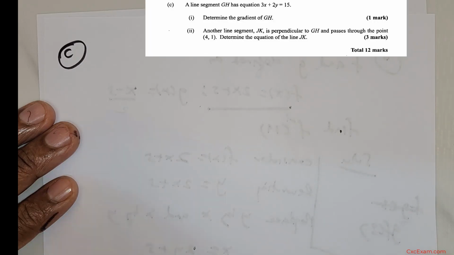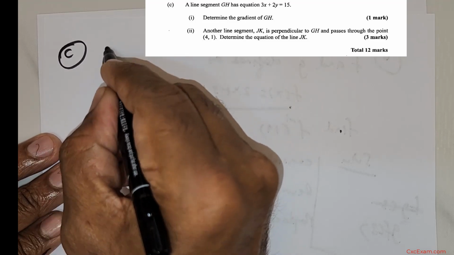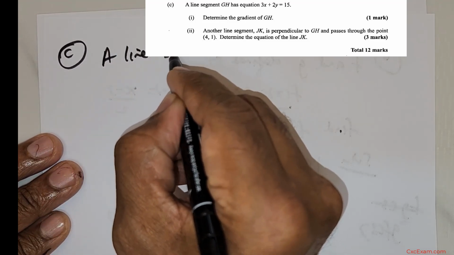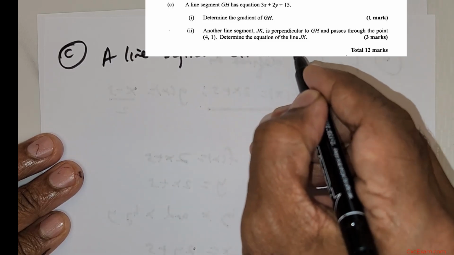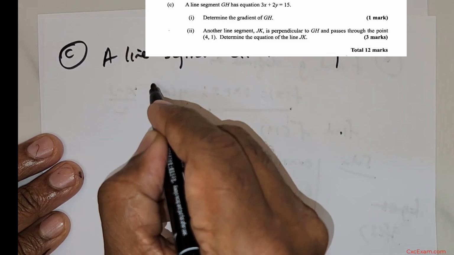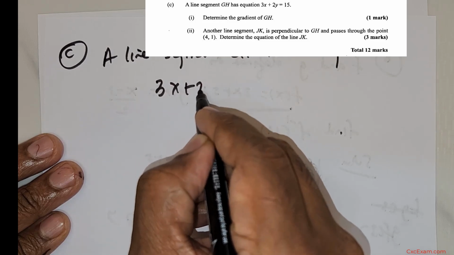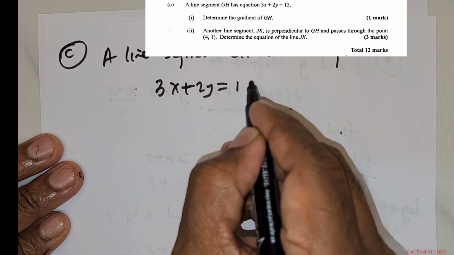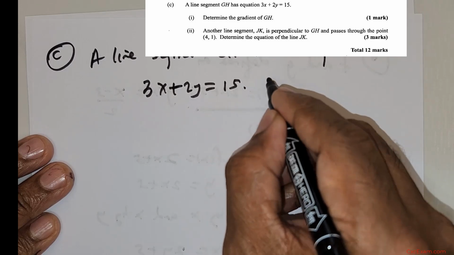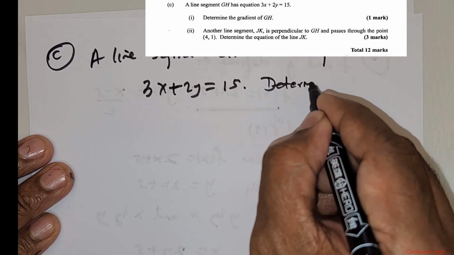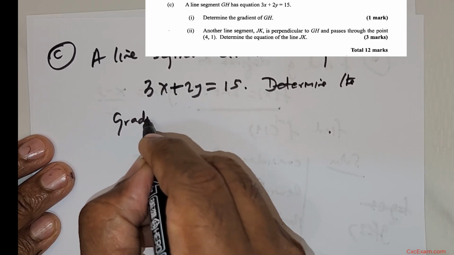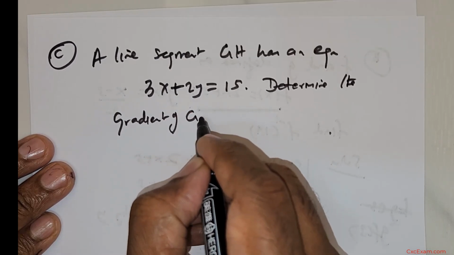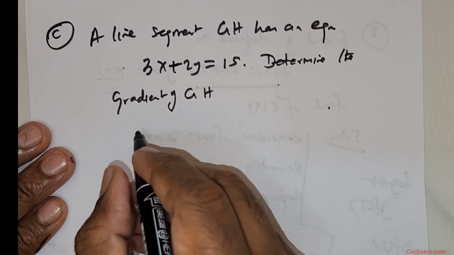Now this is question C. Line segment GH has an equation 3x plus 2y is equal to 15. We are asked to determine the gradient of GH.